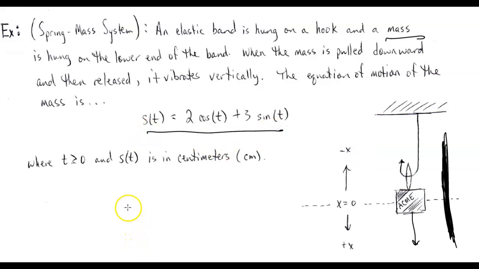And we are assuming in this case that t is greater than or equal to 0, that the position is going to be measured in centimeters, and I haven't put this here, but I'm going to go ahead and do it now. t is going to be in what we call milliseconds. So we're just going to assume that. All right, so we're going to be asked a series of questions based upon this particular model that we have. And what we're going to be working with for the most part is just this function here.